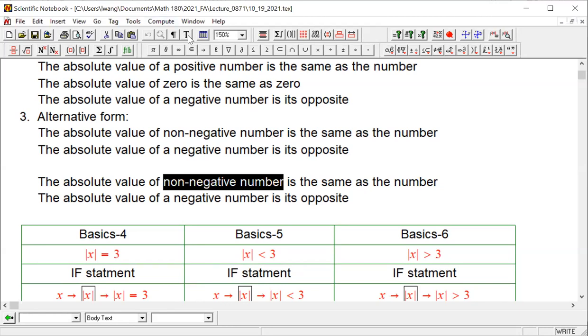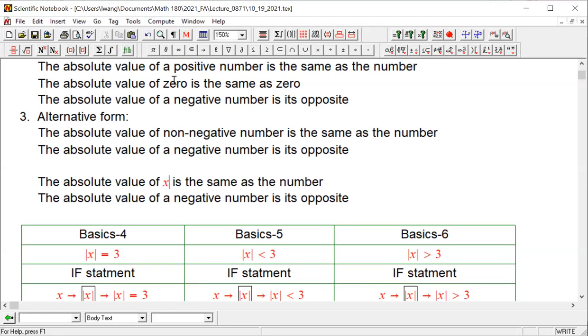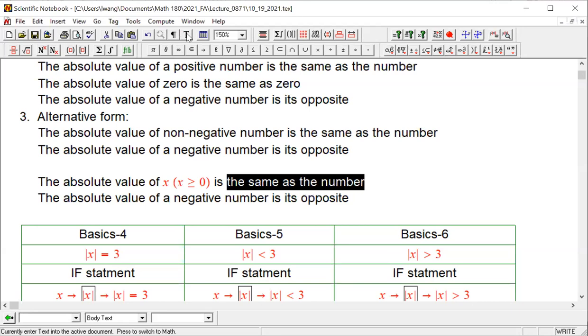Well, if we use the number as x, and here we need to specify that x is going to be greater than or equal to 0. That's how we specify it's a non-negative number, right? So the absolute value of x when x is non-negative, greater than or equal to 0, is the same as the number. The same as the number now is x.